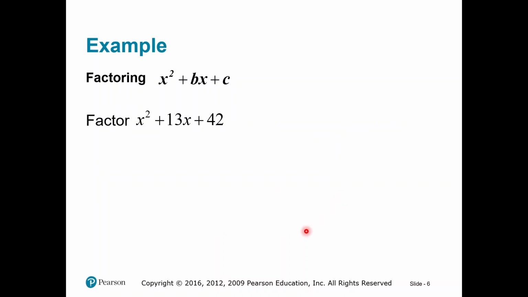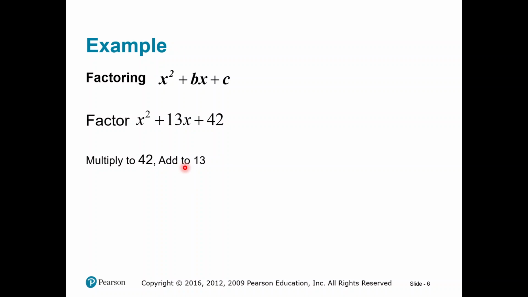So for example, factor x squared plus 13x plus 42. And so c is 42, b is 13. We want something to multiply to give us 42, add to 13.